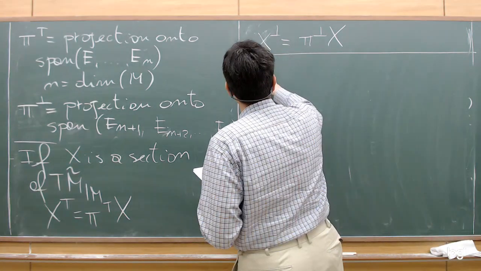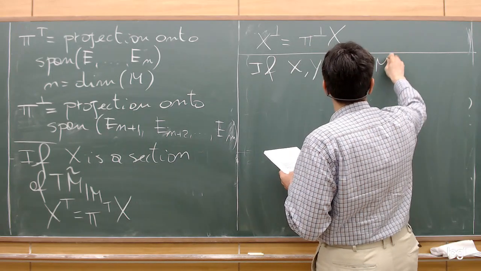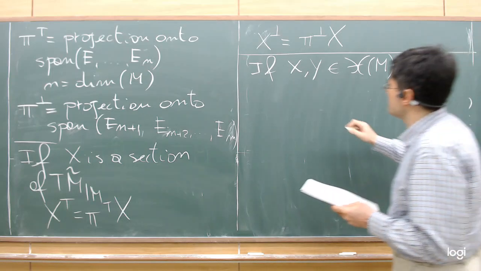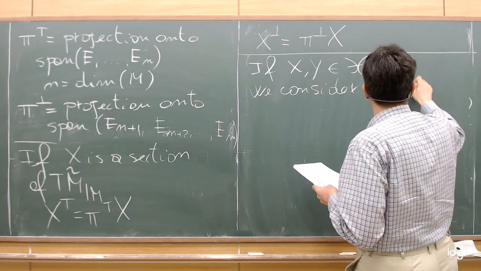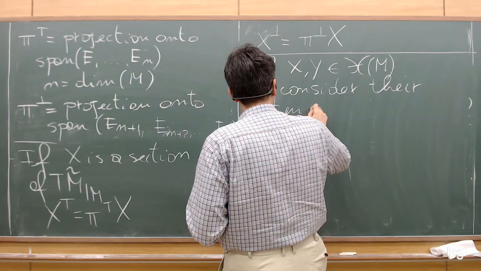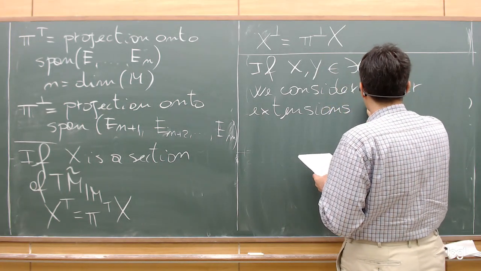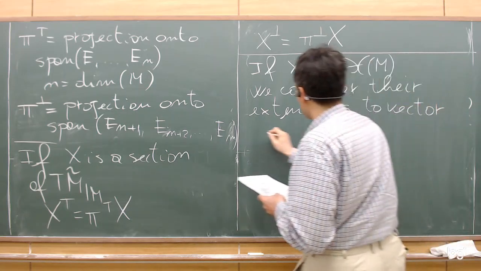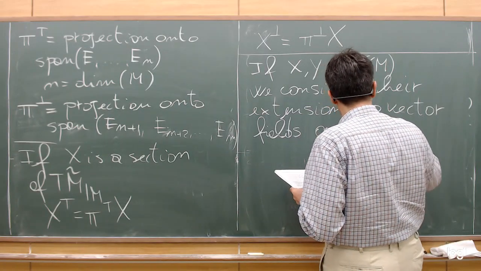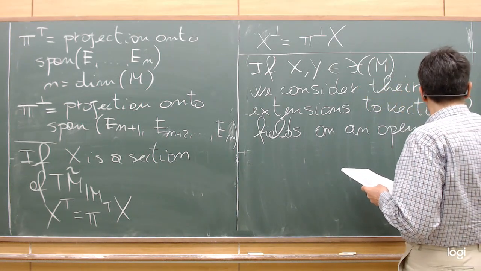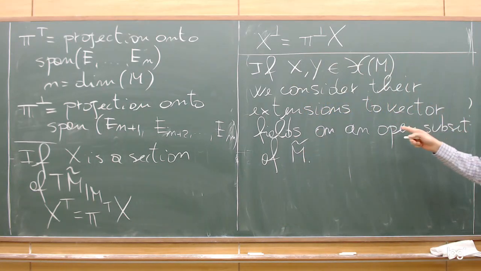So if x and y are elements of Gamma of TM, we can consider their extensions to vector fields on an open subset of M tilde, and we call these extensions x and y.